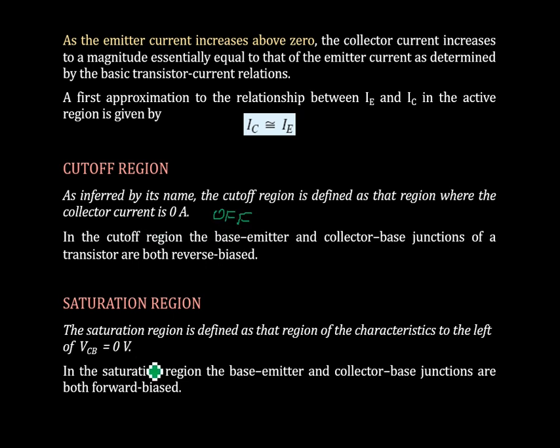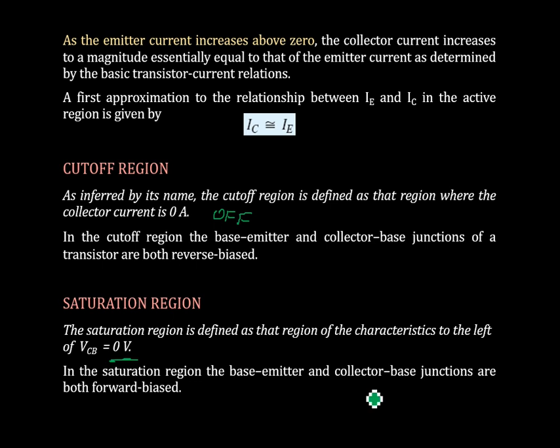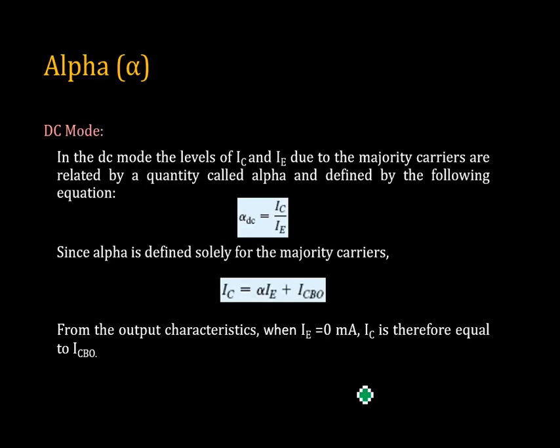And the saturation region is to the left of VCB equal to 0 volt. As we saw, it is the forward bias condition of the collector base junction, and both are forward biased. Now in the saturation region, the base emitter and base collector junctions are both forward biased.